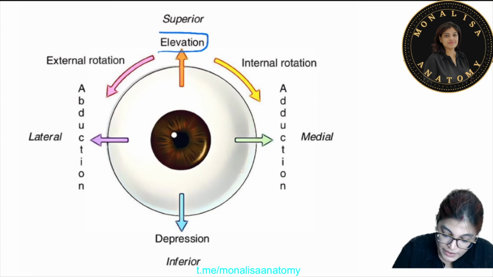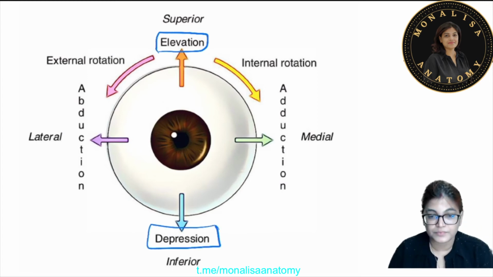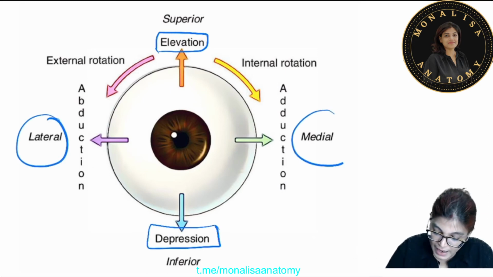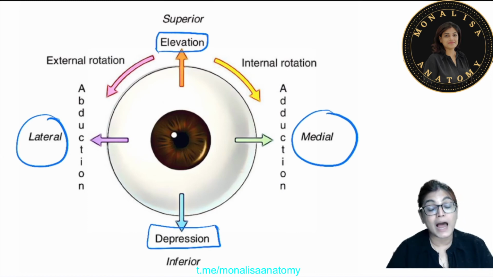Elevation and depression movement takes place across the transverse axis. Then we have lateral and medial rotation, called abduction and adduction, meaning lateral movement and medial movement of the eyeball, occurring along the vertical axis.